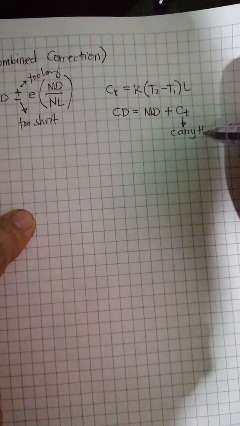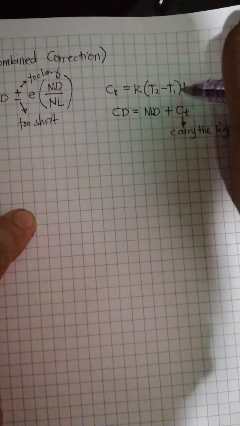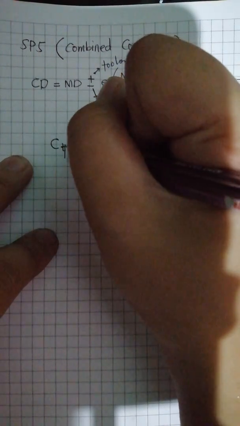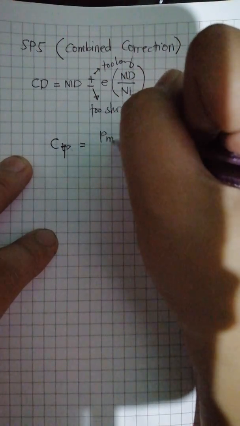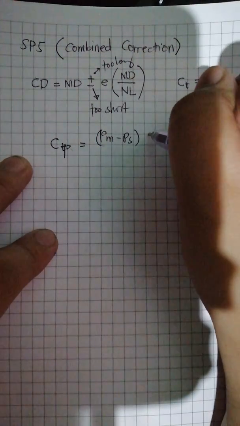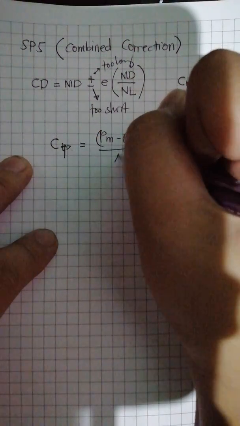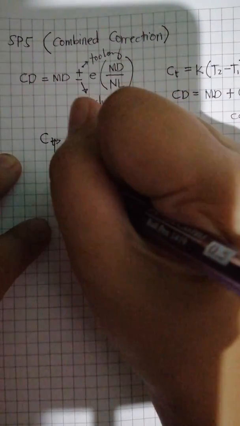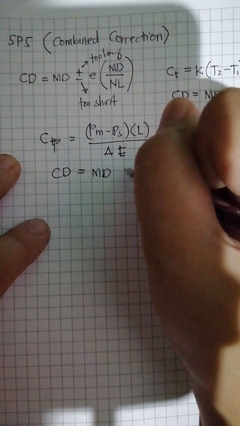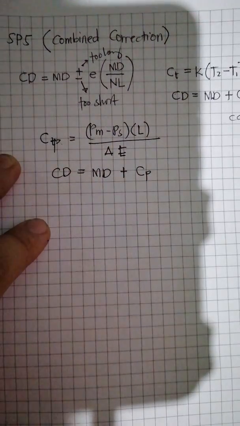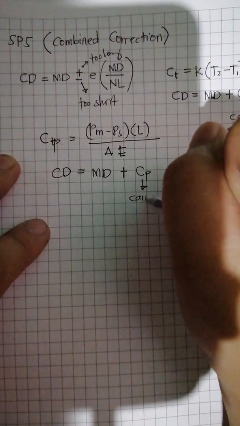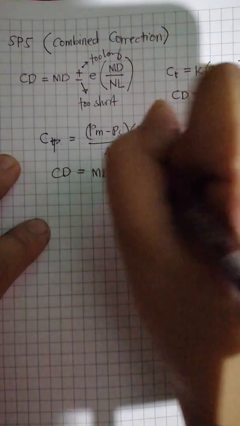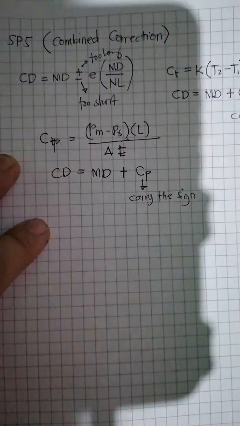Then, you should carry the sign. Correction due to pull is equal to PM minus PS times the length to be corrected over cross-sectional area of tape times modulus of elasticity of tape. So, corrected distance is equal to measured distance plus correction due to incorrect pull. So, carry pa rin ang sign, because there are times na negative ang CP because PM is less than PS.